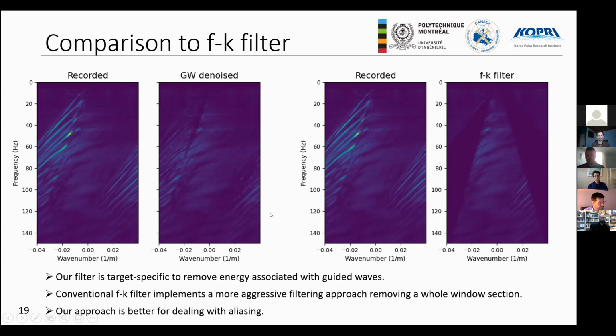We also, surprisingly, notice that our filter is very good when dealing with aliasing. In here, you can see how the energy is removed for the aliasing. While with the FK filter, if you want to deal with aliasing, you have to reflect the filter and come back to here. You will remove even much more information.